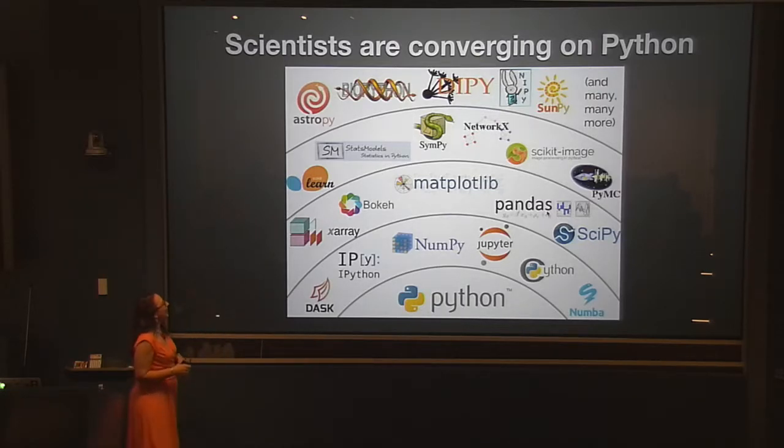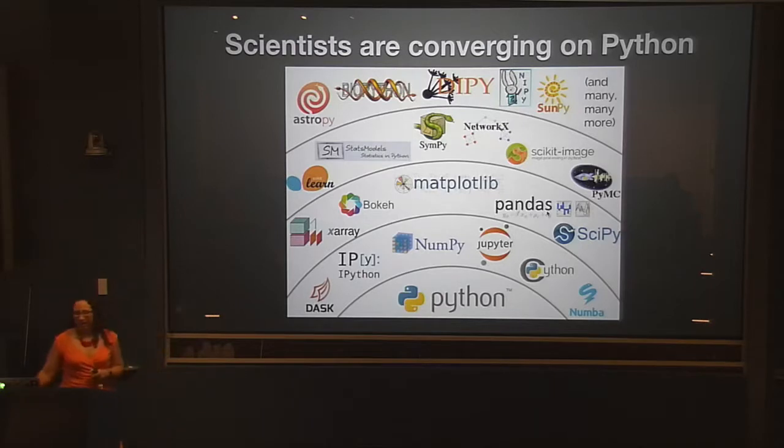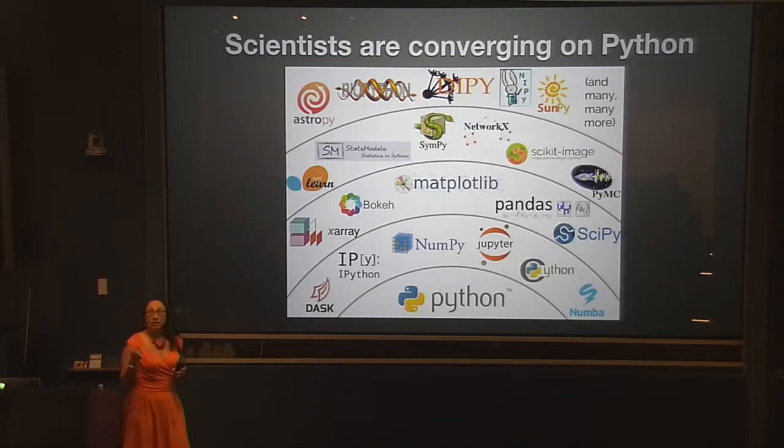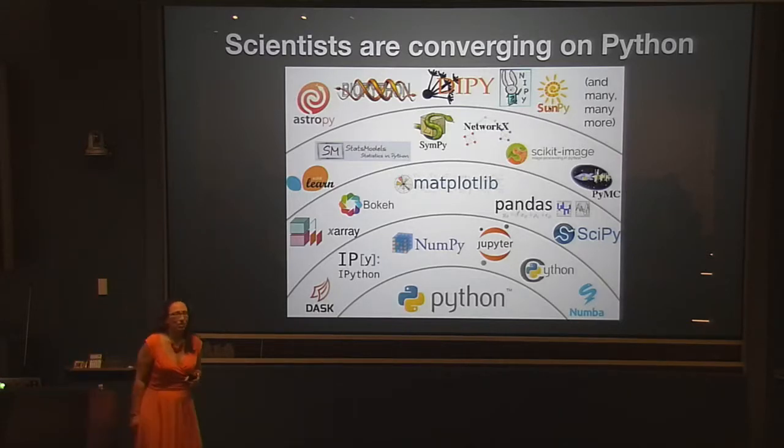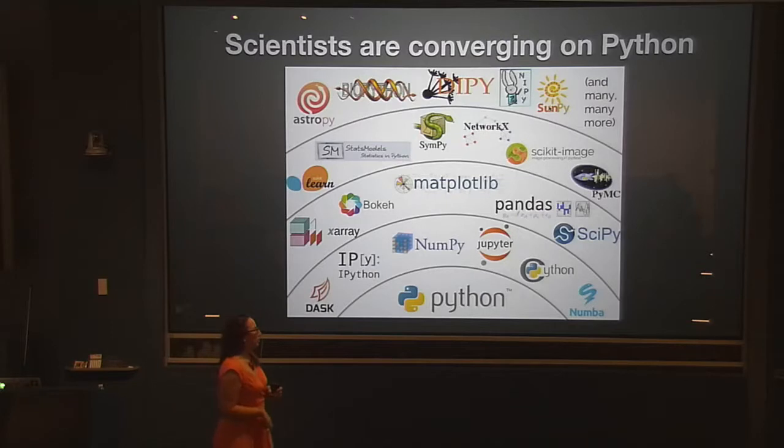SciPy and scikit-learn provide a lot of statistical tools and analysis tools. I don't know exactly what SymPy does, but here we are. We made it to this graphic. AstroPy and SunPy, which has lots of representation in the room, are domain-specific things that make Python really powerful for astronomers.